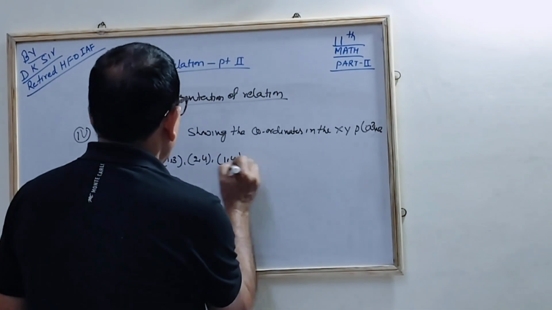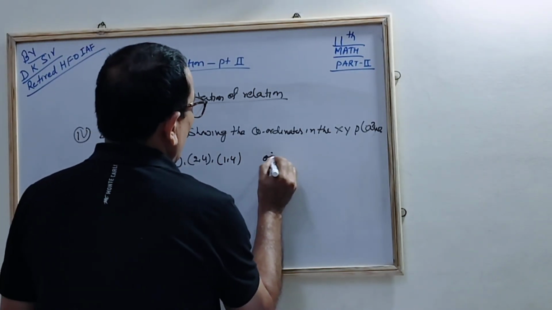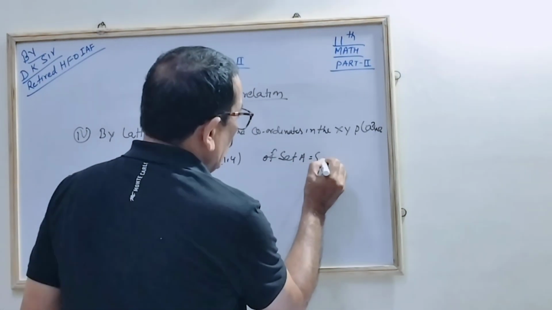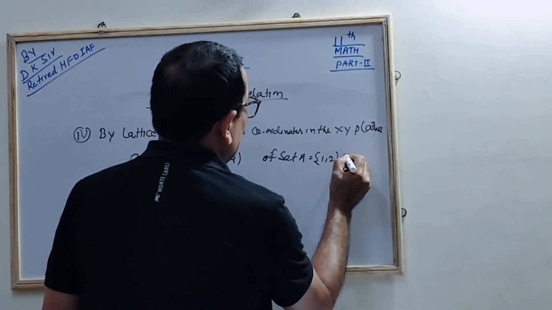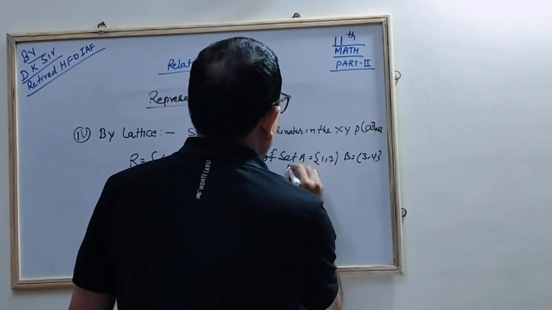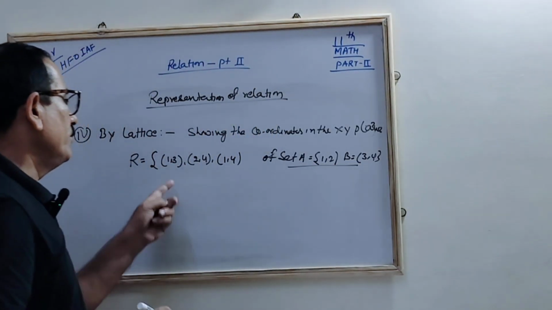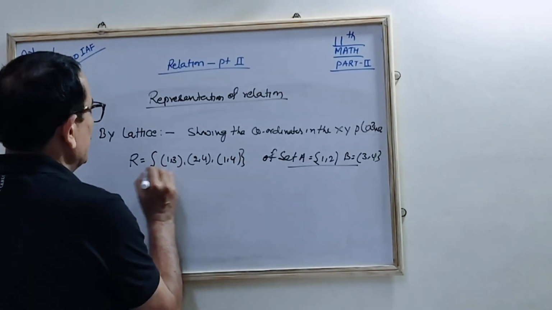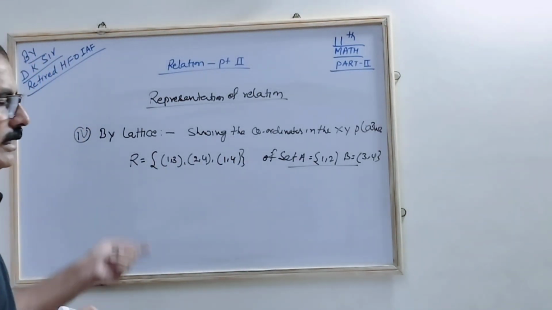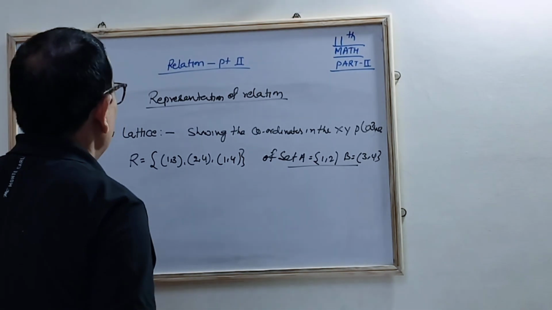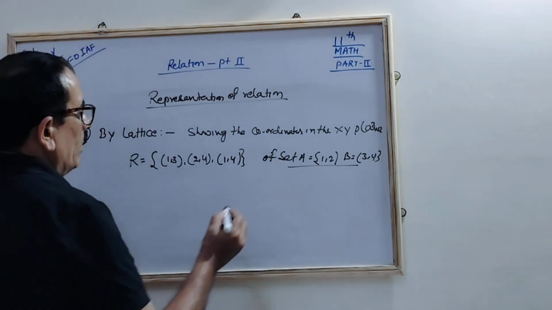They are the relation of set A. The set A is given as {1, 2} and the set B is given as {3, 4}. We have the sets A and B, and R is a relation related to the sets A and B. Then in the lattice, what will we do?